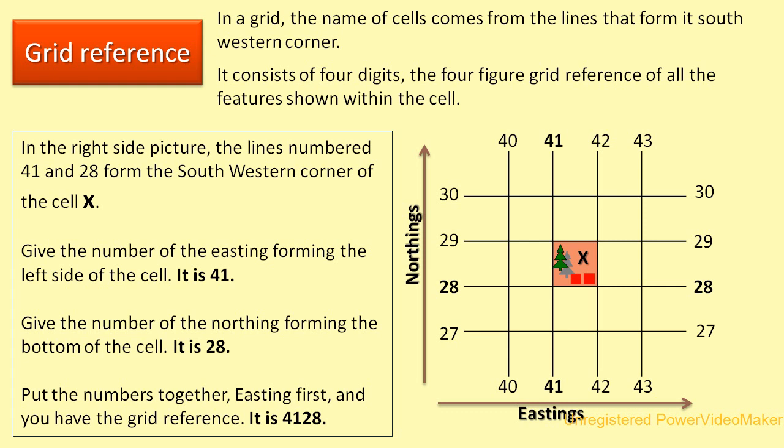With the help of the intersecting line numbers, we are giving the name to the particular cell. For example, in that cell X, which is marked pink with an X on it, the bottom line is Northing and the left side line is Easting.